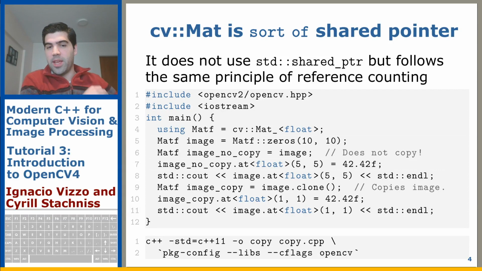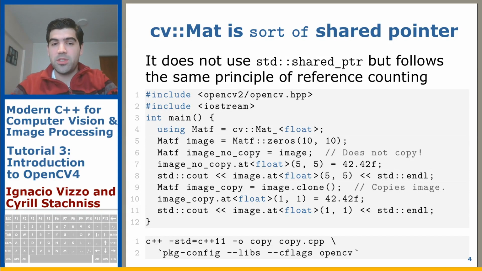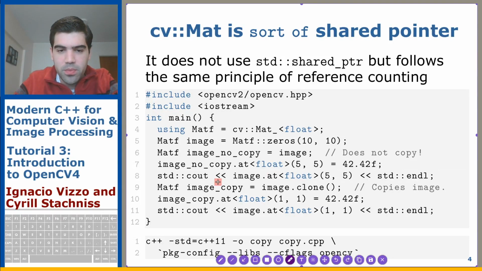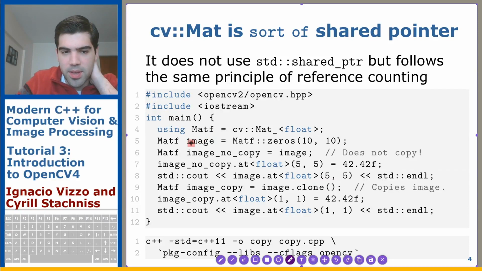Then one big disclaimer is that cv::Mat is a sort of shared pointer. When they started developing the library, all the dynamic memory management facilities from C++ were not in place, so they had to do it by hand. We will discuss this in future lessons, but just a warning. So let's say you have this image, and then you create a cv::Mat, and then you create another image from it.